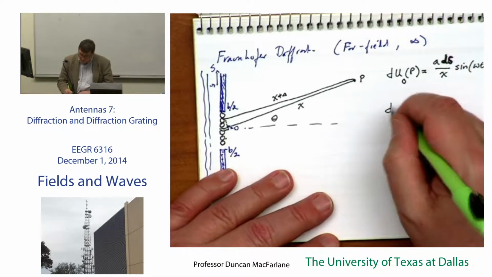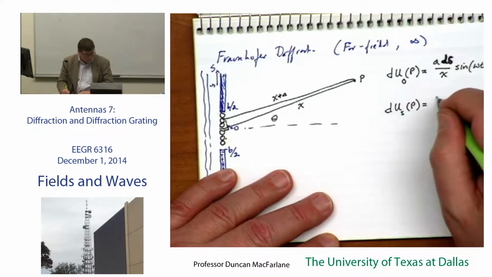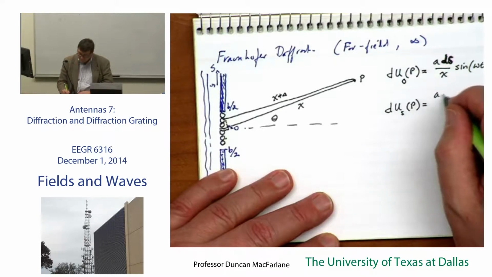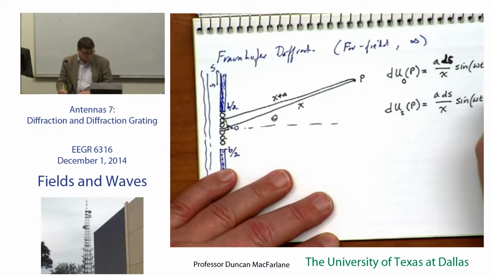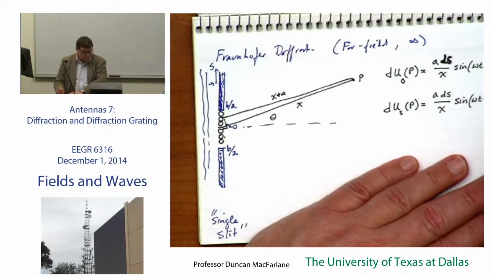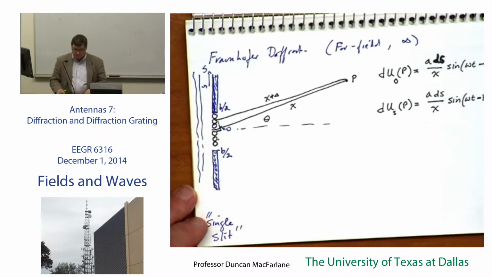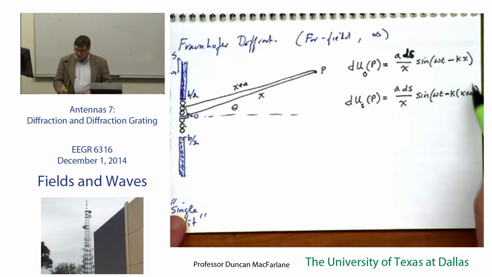And then from an arbitrary position along the slit, I just have to add a little phase term inside that sinusoid.